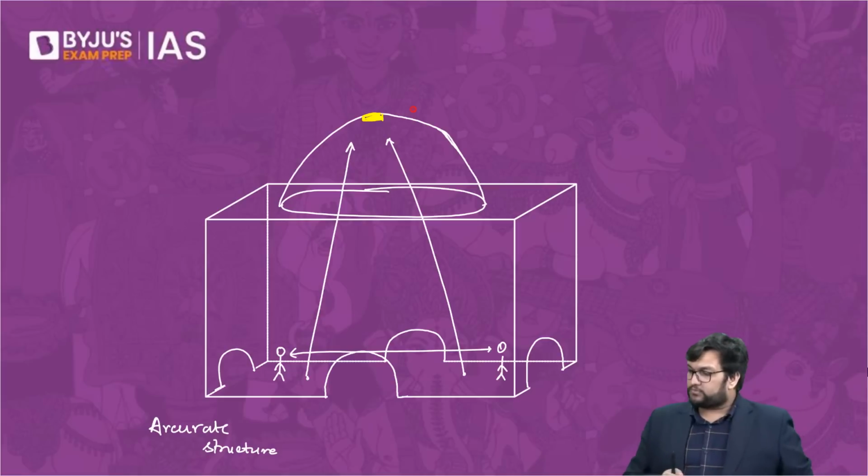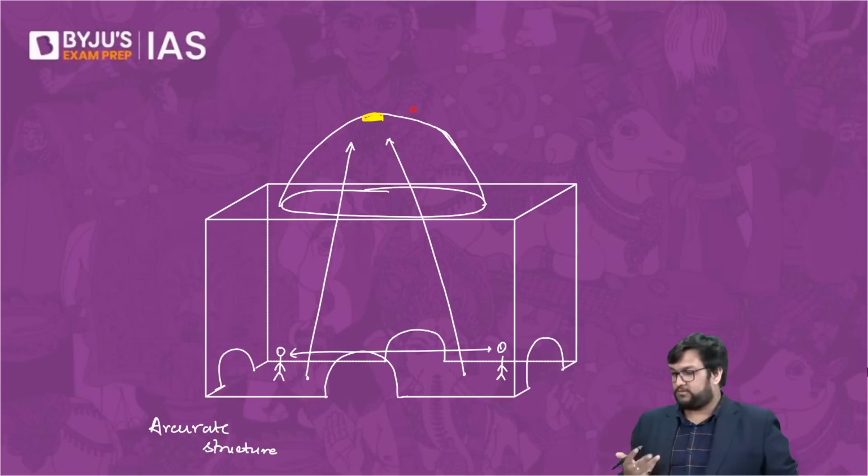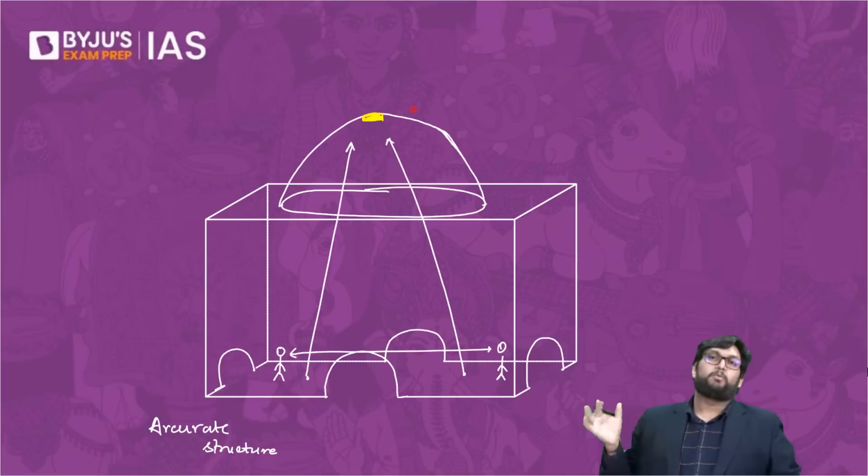Are true domes closed? All domes are closed. I said it represents the sky. If you don't have the dome, then what's the point of having it? It's a closed structure. But no problem.